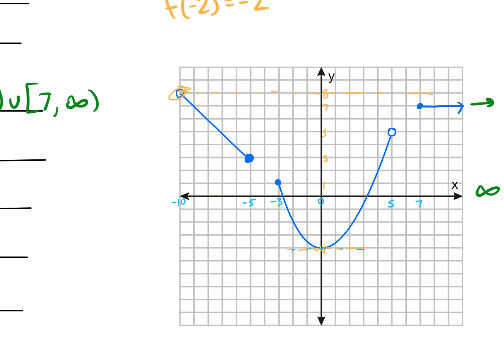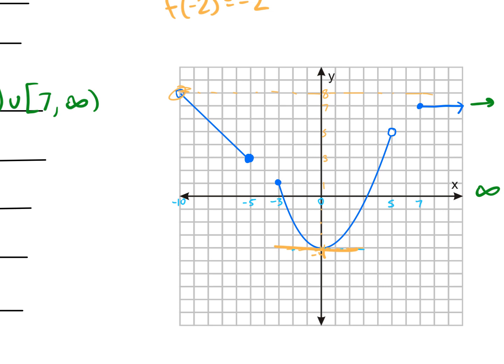Every point's accounted for. It goes down to -4 here. 1, 2, 3, 4. -4. So that would be our smallest y value, because that's the lowest point that our graph touches.